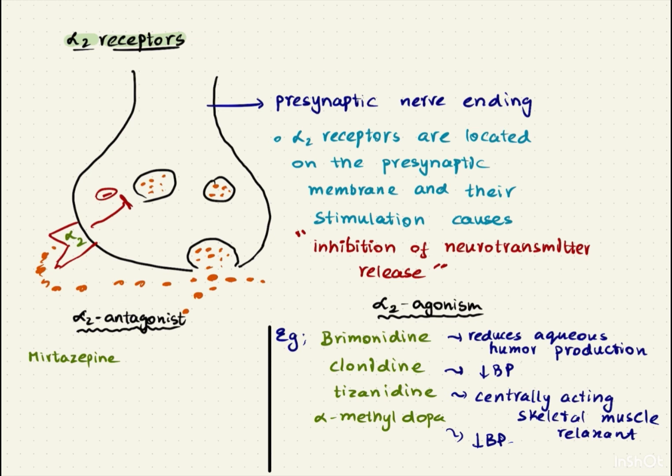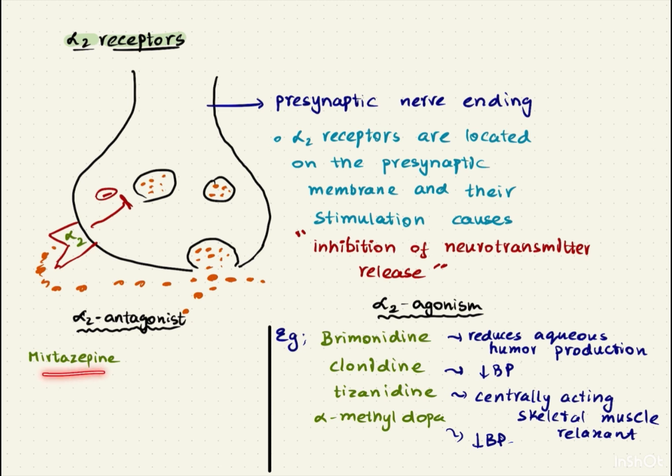Okay, so this is the reason why agonism of alpha 2 receptors or stimulation of alpha 2 receptors produces sympatholytic effect. In short, alpha 2 receptors act as some form of negative feedback mechanism. Now, let us look at some alpha 2 agonists and some alpha 2 antagonists.